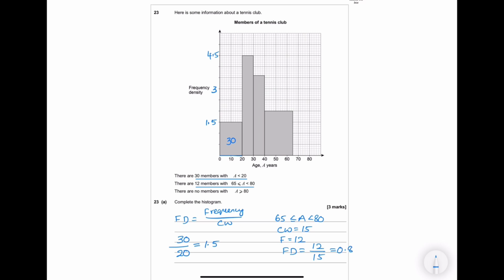So let's fill this frequency density scale with all the other numbers now. First one 0.5, it increases 0.5 each line. Okay, now locate 0.8 here, and we need to finish drawing the bar between 65 and 80.